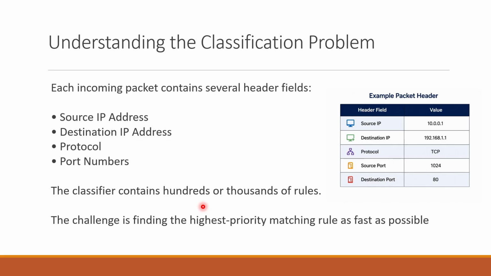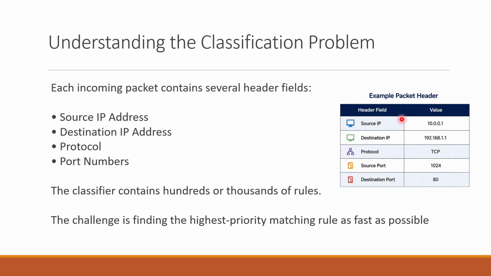Understanding the classification problem. Packet classification is a process of matching a packet with predefined rules, and each packet contains different header information such as source IP, destination IP, protocol, source port, and destination port.